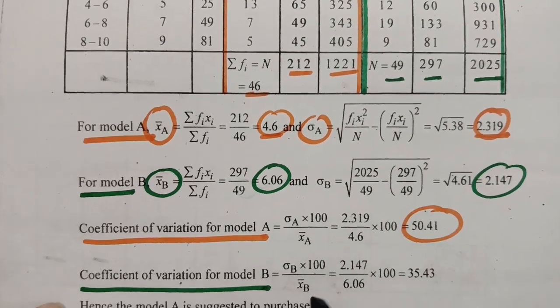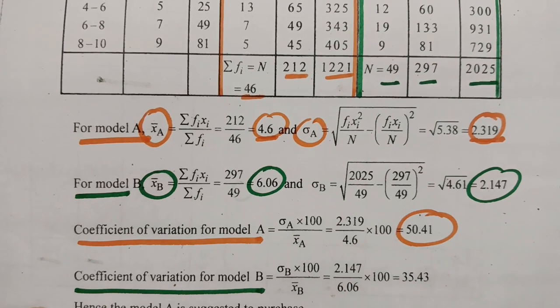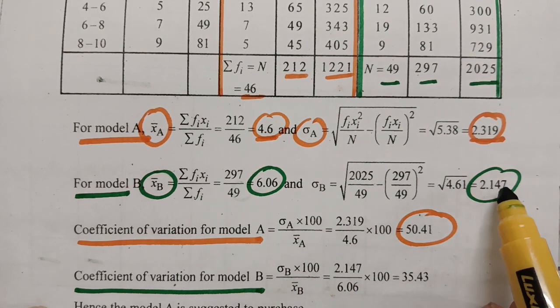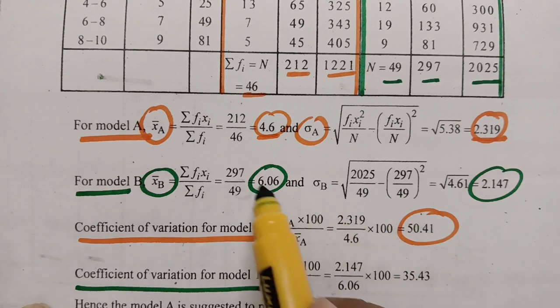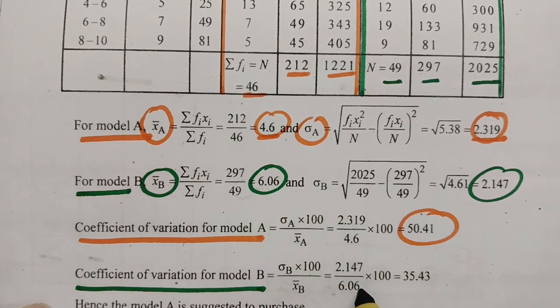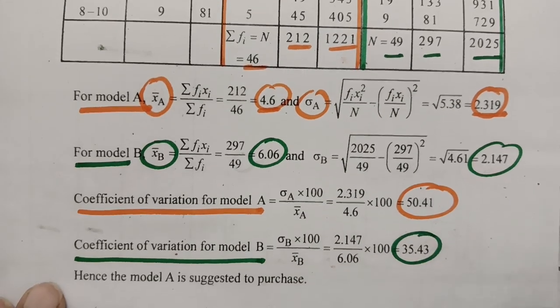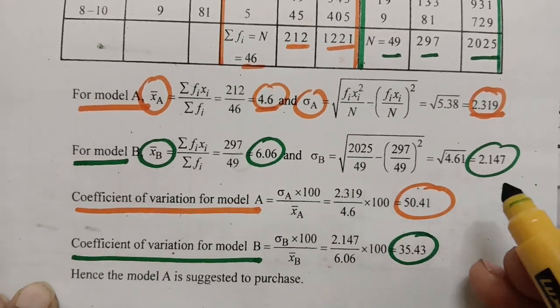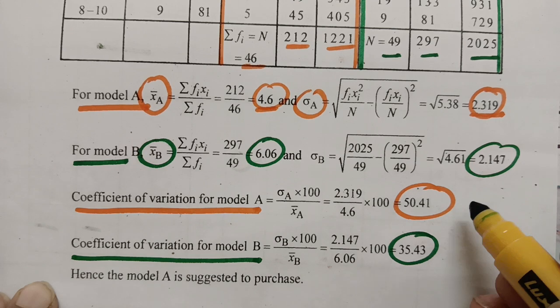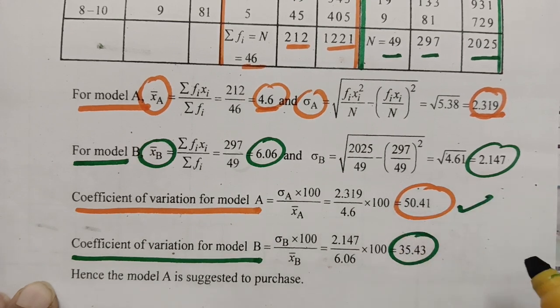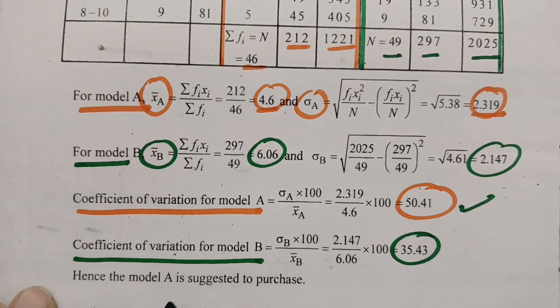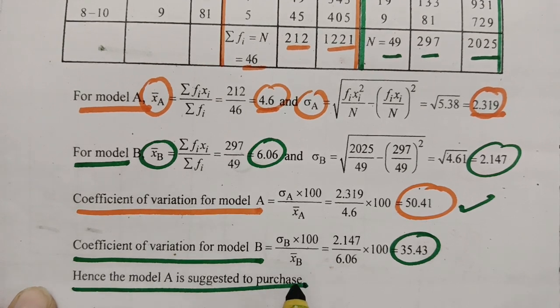And next one, the coefficient for model B: sigma B value is 2.147, and the mean value here is 6.06, into 100. So here if you compare, which coefficient of variation is higher? 50.41 is higher, and hence model A refrigerator is suggested to purchase.